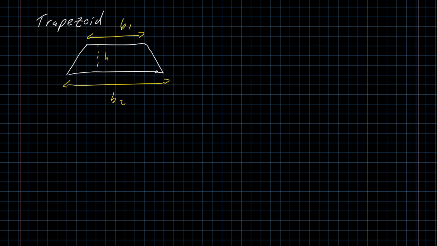The two bases have to be parallel to each other, but the relationship between the other two sides can be whatever you want it to be. To find the area, you average the lengths of the two bases and then multiply by height.